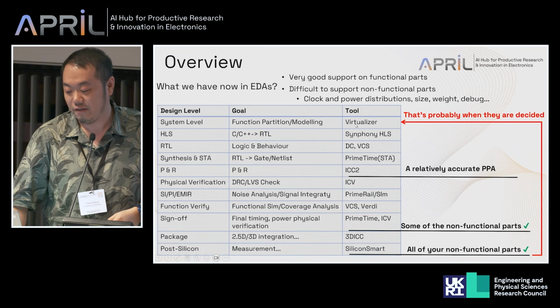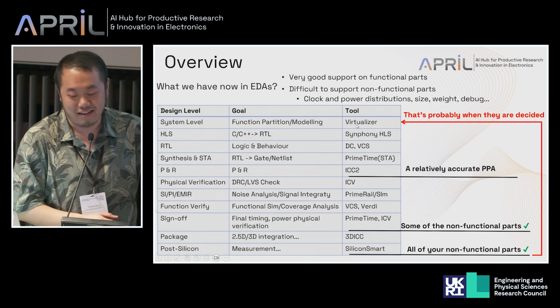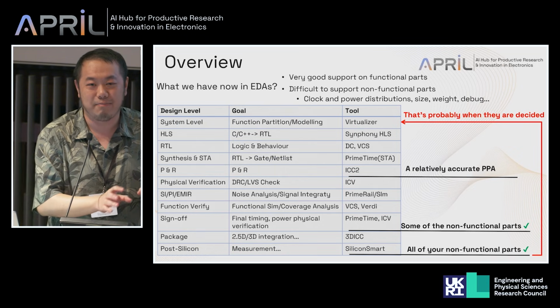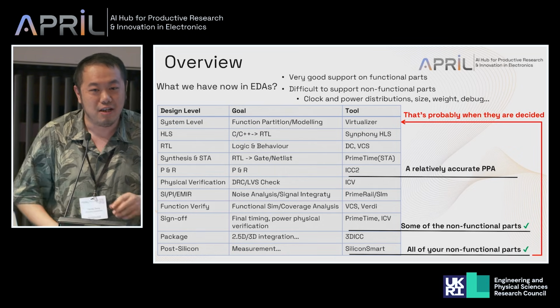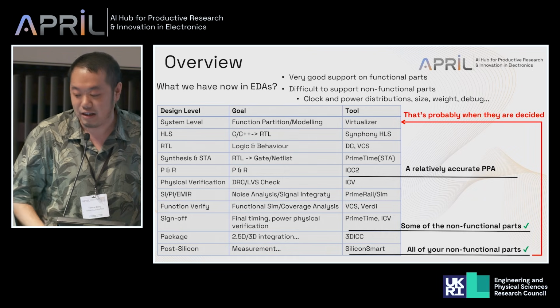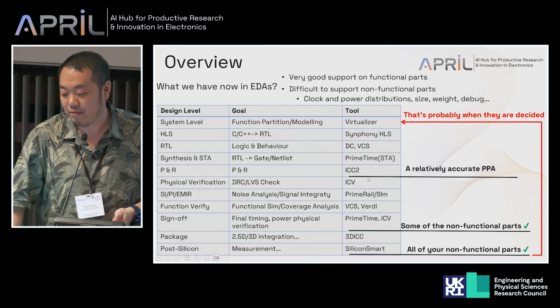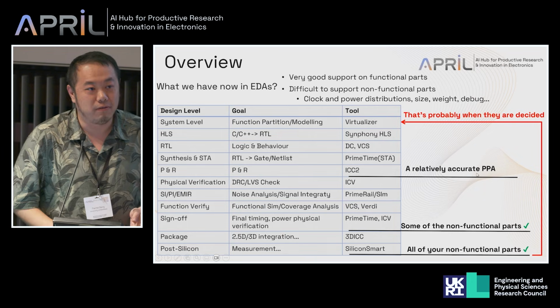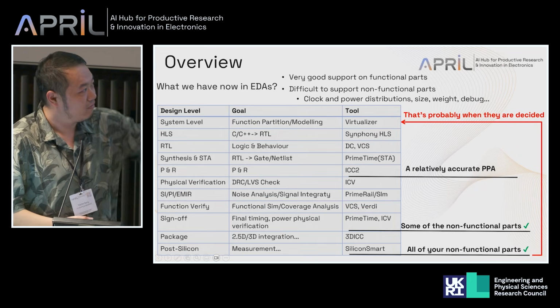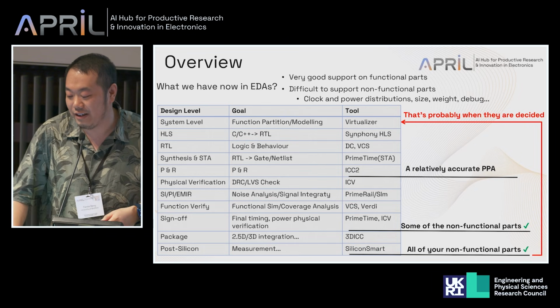And the virtualizer is basically a tool that gives you the capability of implementing some software on it before you get the HDL ready. Along this tool chain, you probably get relatively accurate power, performance and area at that step. Well, relatively accurate.